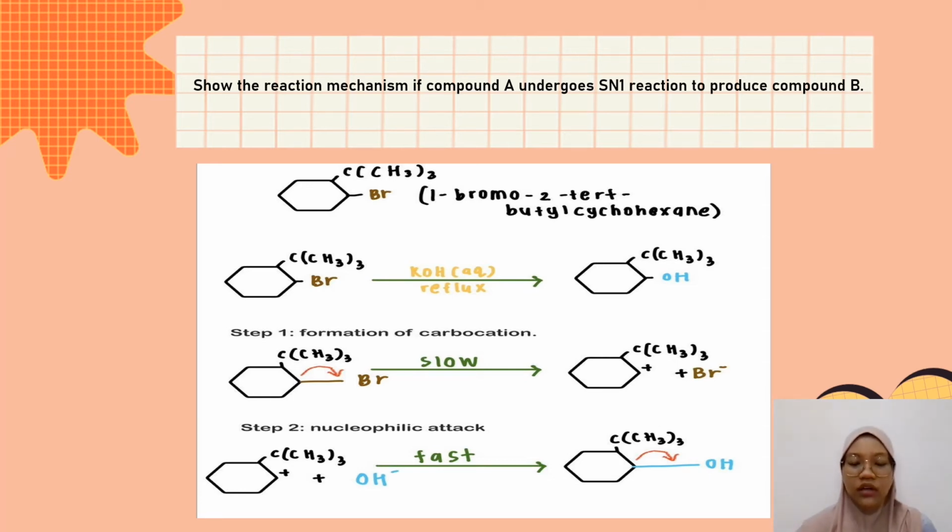For step 1, from 1-bromo-2-butyl-cyclohexane, the electrons are transferred to Br, becoming the carbocation. For step 2, the nucleophilic attack: the carbocation reacts with the nucleophile OH- to become 2-butyl cyclohexanol.